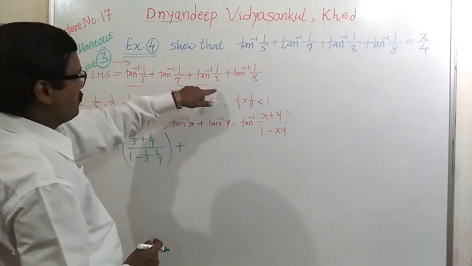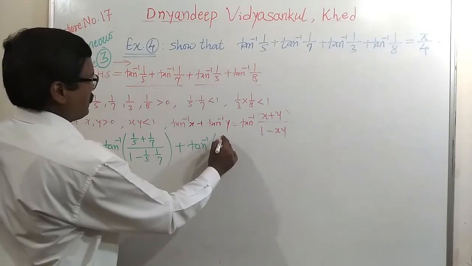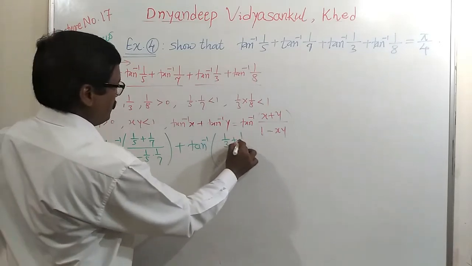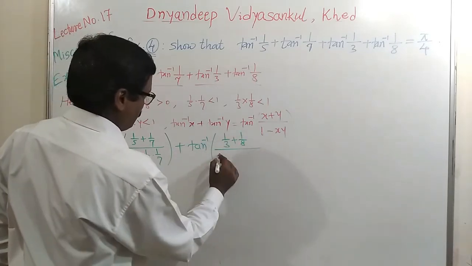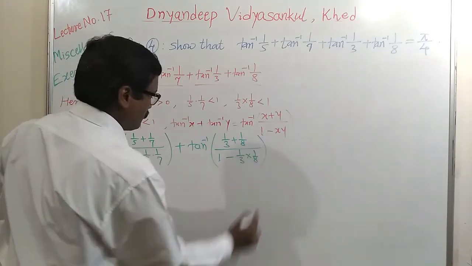Similarly, applying the same formula for these two terms, we get tan inverse of 1 by 3 plus 1 by 8 divided by 1 minus their product. Okay.